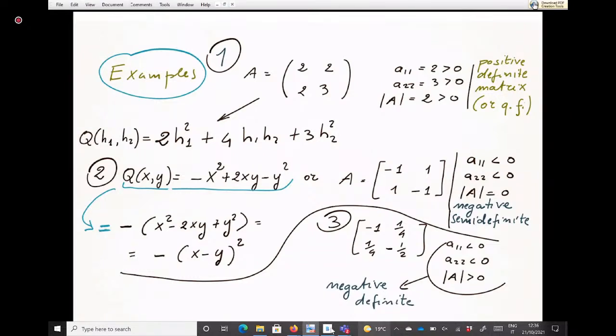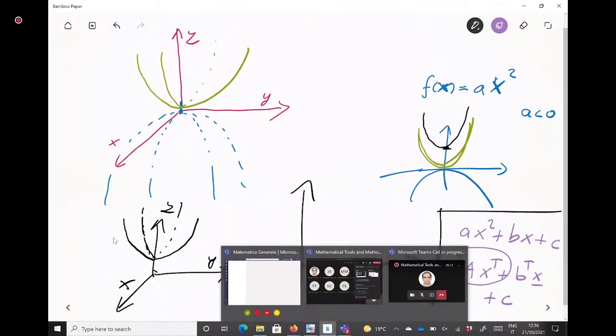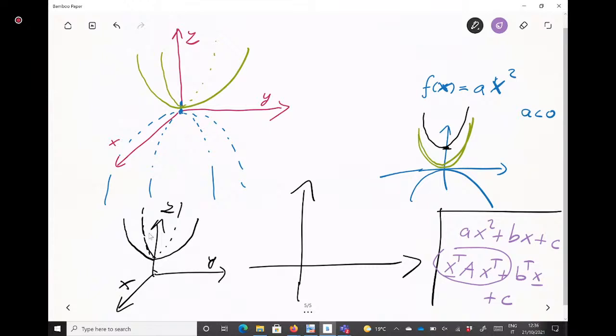But anyway, the idea is that this is, for instance, positive definite, but suppose that you have something like this. You don't have only one point where it is zero, for instance, the origin, okay?